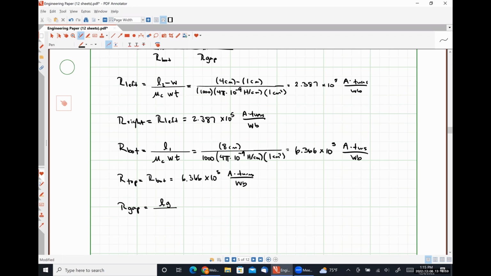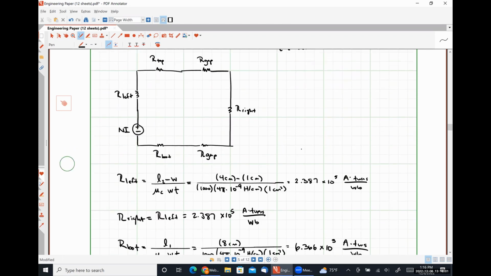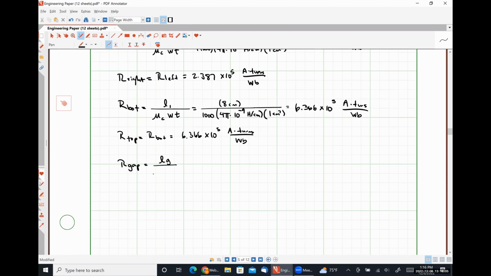So what's the permeability of the gap going to be? Yeah, so just mu naught. Really, it would be the permeability of air, but that's so close to the permeability of free space, we're just going to leave it alone. We're not going to worry about that 1,000th of an increase or something like that.